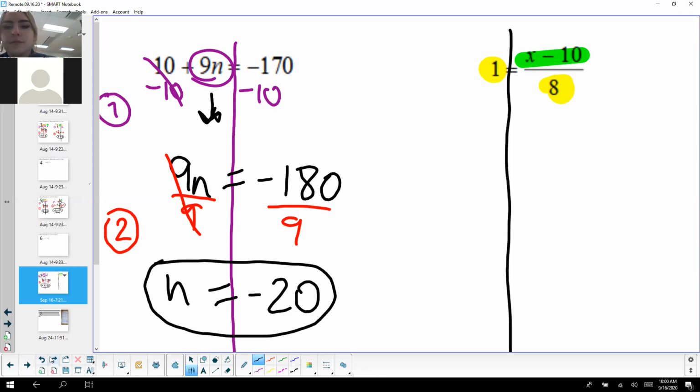Whoops. Okay, Jaden, that's all right. Let's see, you got 16 on this problem. So negative 180 divided by 9, sorry, I'm backtracking now.